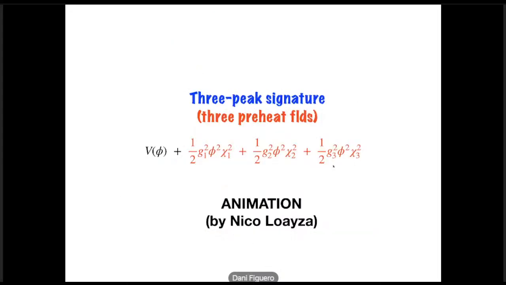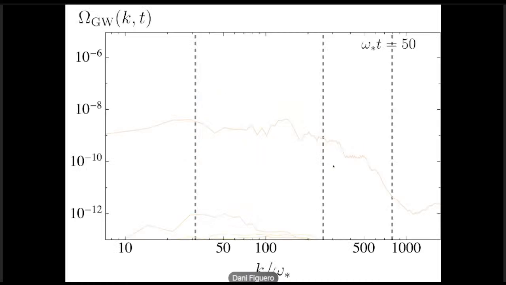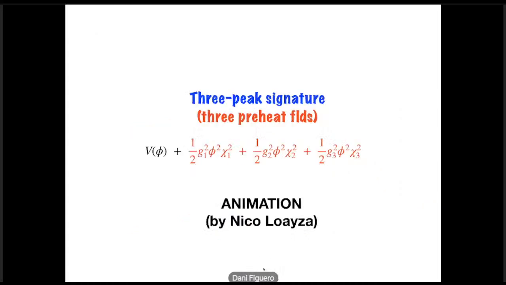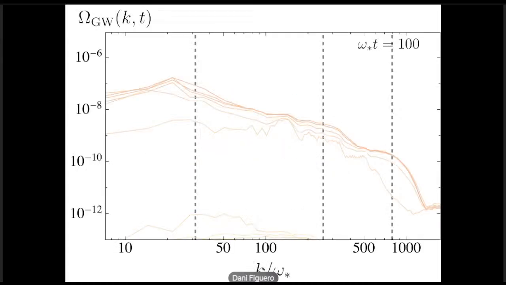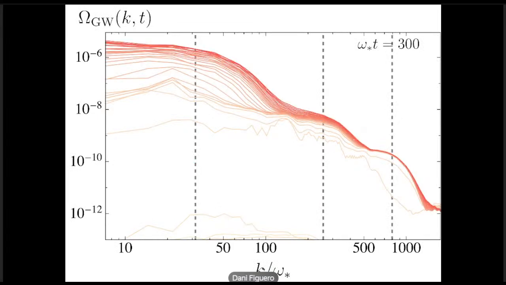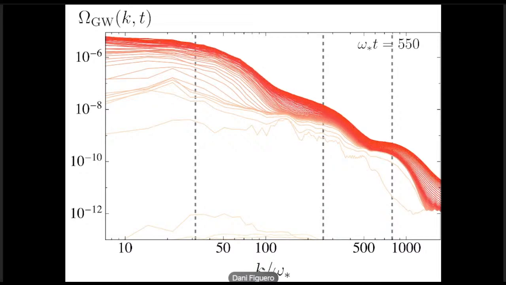Can I generalize this? Now imagine I do 3 daughter field species coupled to the inflaton, and I'm going to show you an animation by Nico, my student. Initially, the spectrum of gravitational waves versus momentum is just noise, but then as we go along with the dynamics of preheating, we start seeing that 3 peaks emerge in the spectrum of the energy density of gravitational waves.